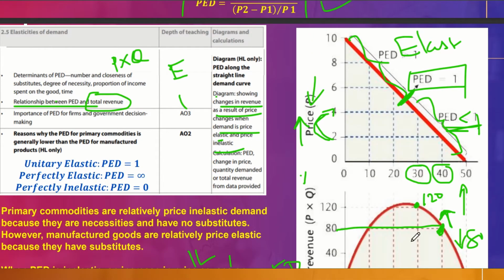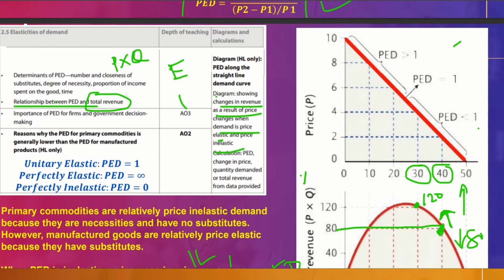But at the same time, if you look at the elastic portion, see, look at this part, the price increases from $6 to $8. When it is $6, the quantity demanded is 20, so the total revenue is 20 into 6, 120.